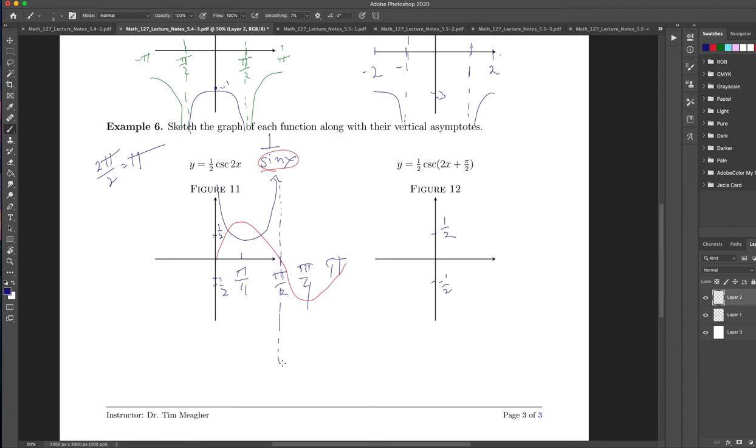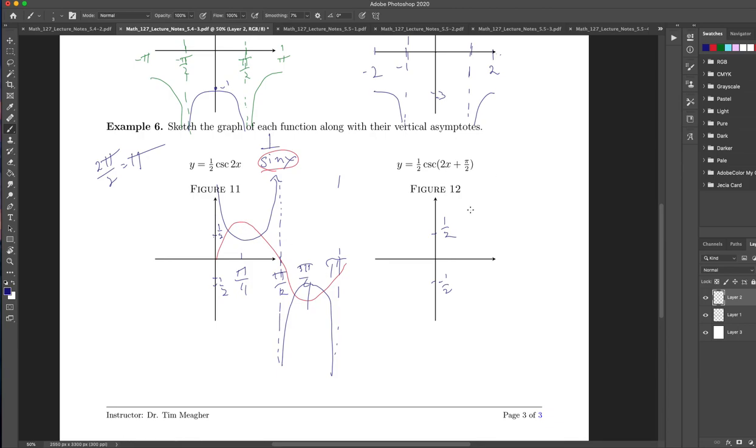And then come in, go to the half mark, and then come back out. So we have this right here, and that's how you'd graph this one.